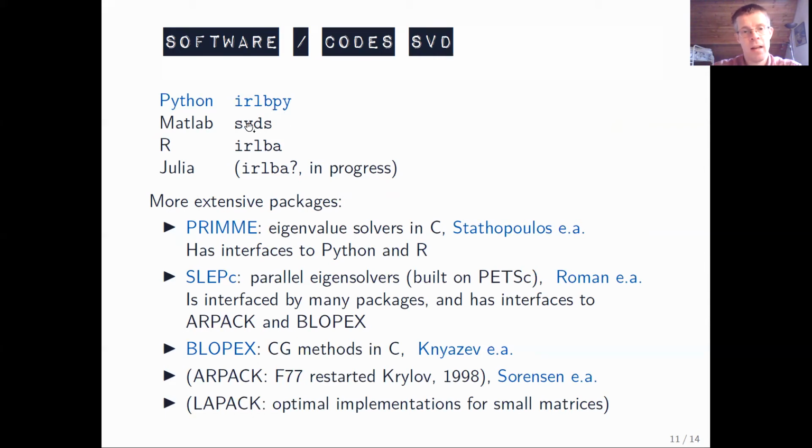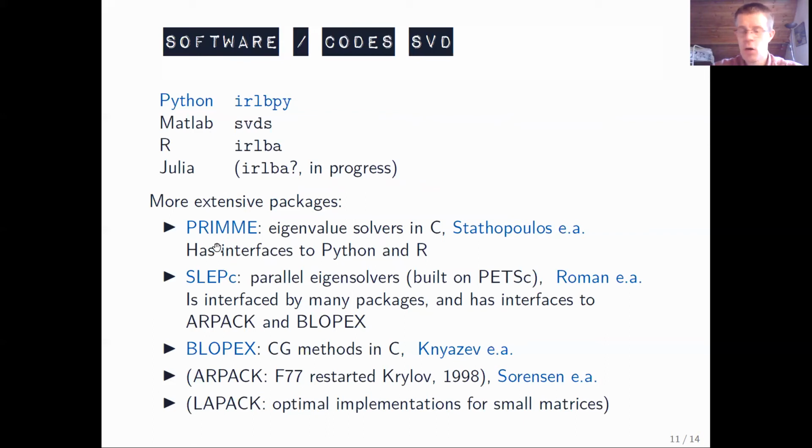I would say MATLAB is the basis, usually the first to implement something like this. But then people try to implement this for R, for Julia, for Python as well. So this is definitely the first thing to try if you want to see how fast it can be. And there are also more extensive packages.